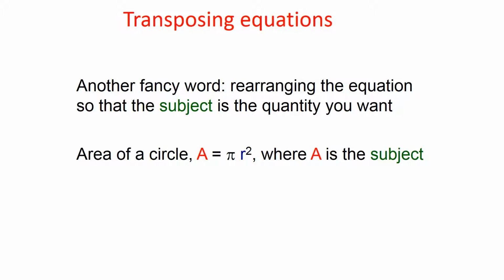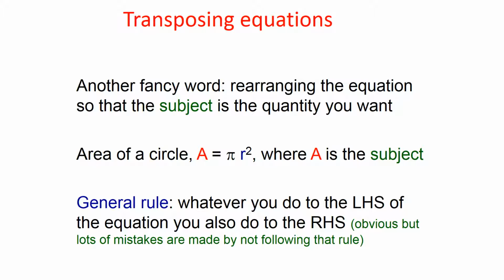Okay, so in this case, we might have a circle of area A and an equation that describes that, A equals pi r squared, and we might want to rearrange that to make r the subject. That's all we're doing in rearranging the equation. Whatever you do to one side of the equation, you must do to both sides.